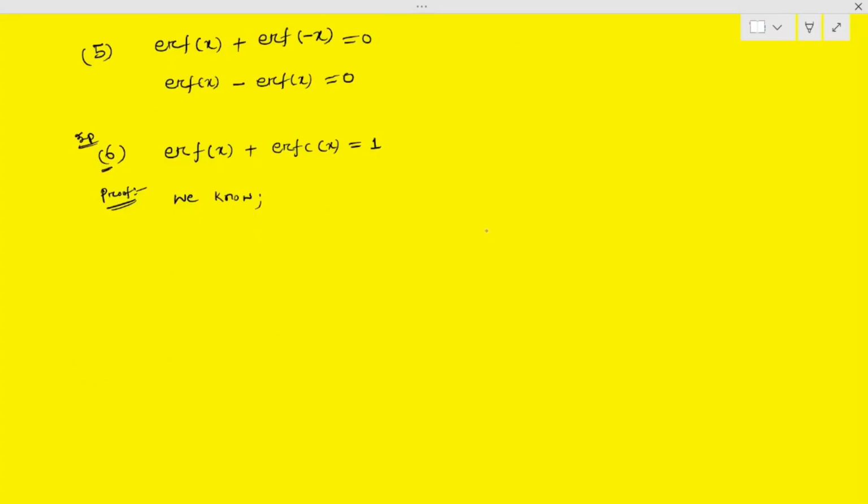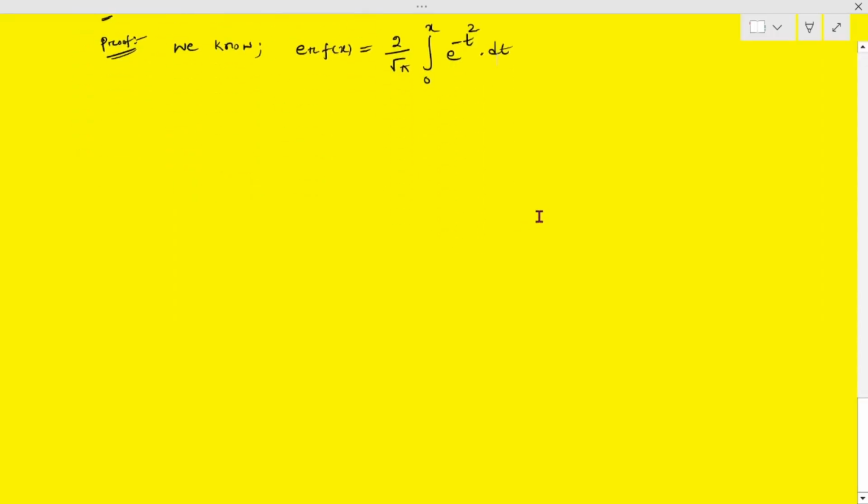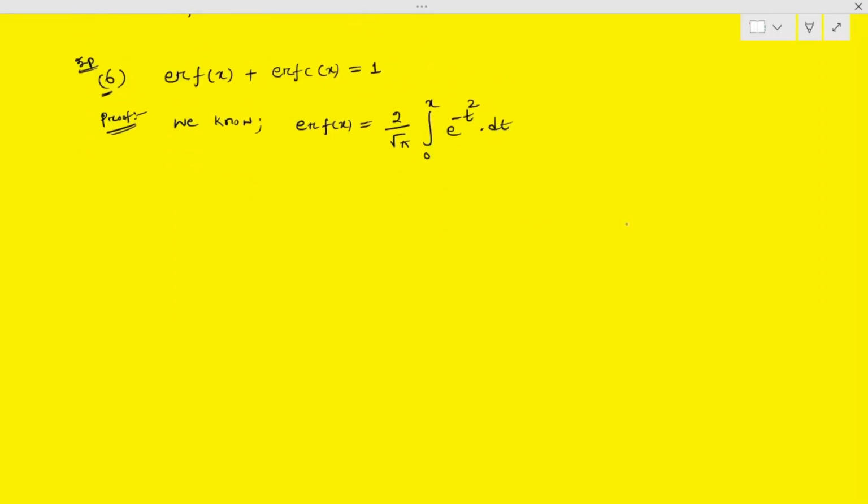Proof starts. We know, error function of x equal to 2 by root pi, 0 to x, e to the power minus t square dt, right? Here for this integral you just put t square equal to p, small p.